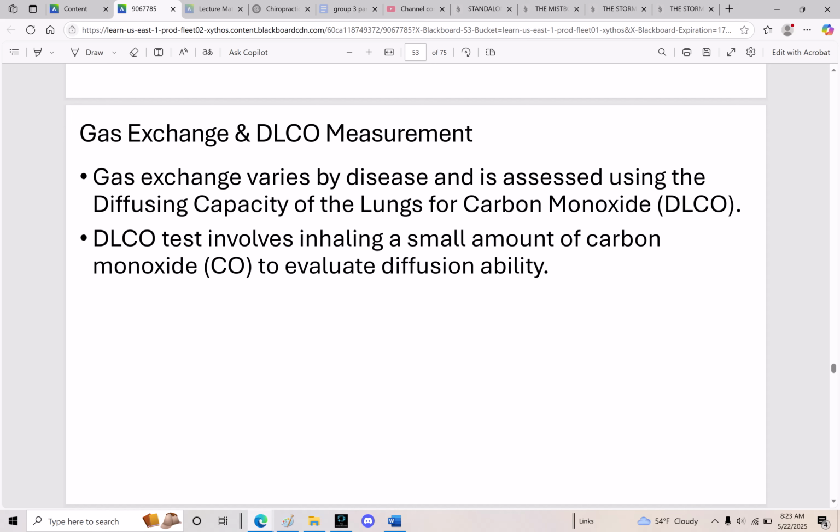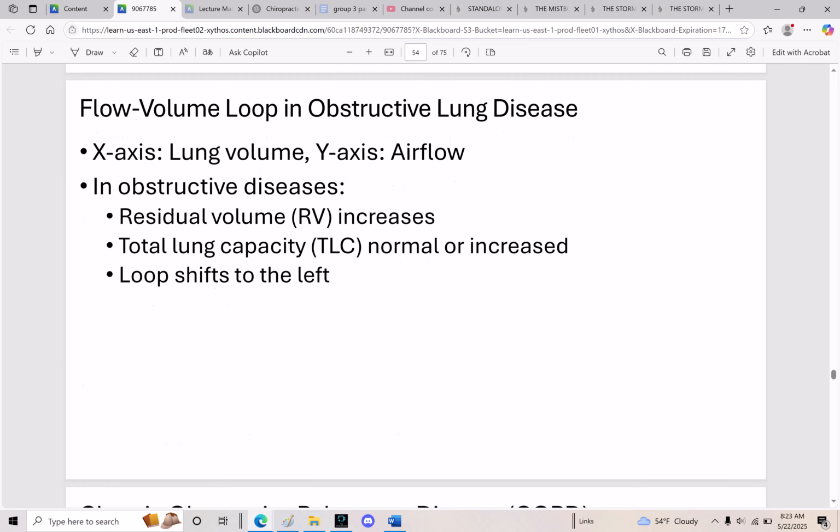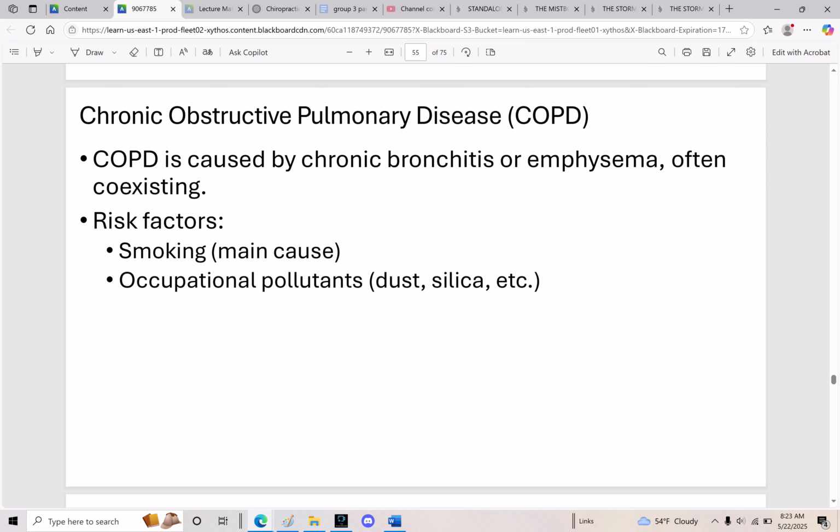When you talk about chronic obstructive lung disease, the term that we're using, COPD, chronic obstructive, it should be disease, not disease. Chronic obstructive, because there's more than one, right? So, COPD caused by chronic bronchitis, emphysema, often coexist together.